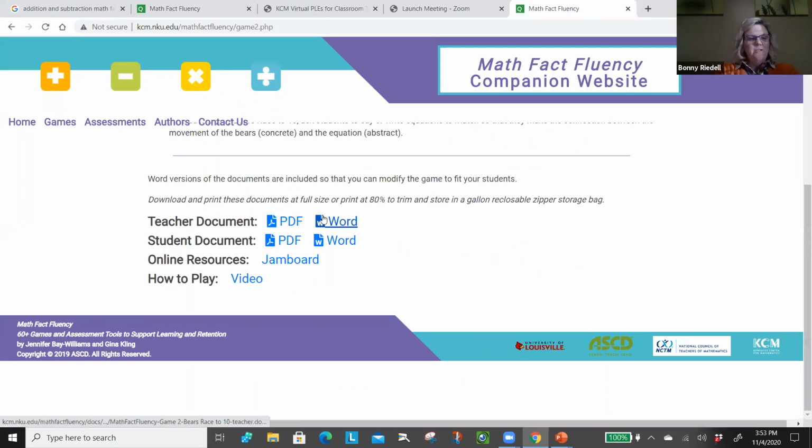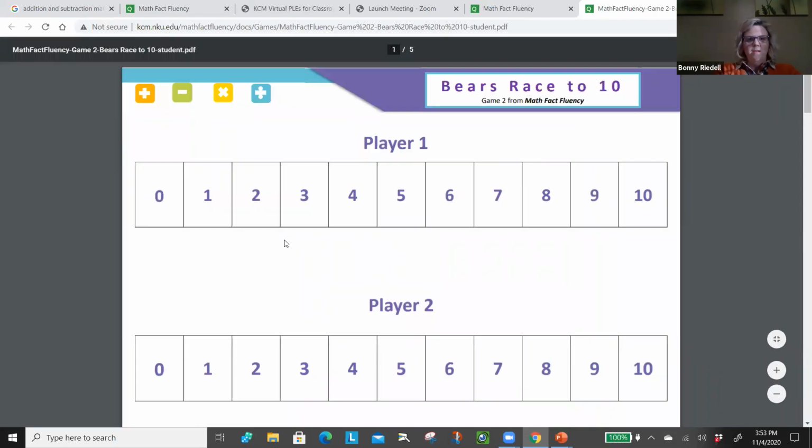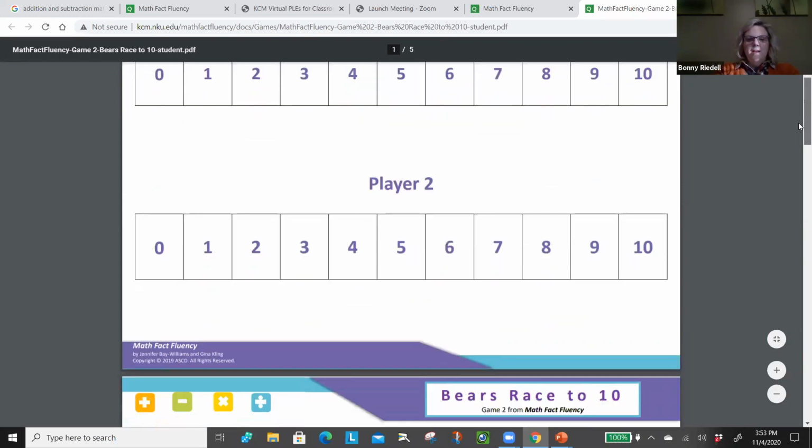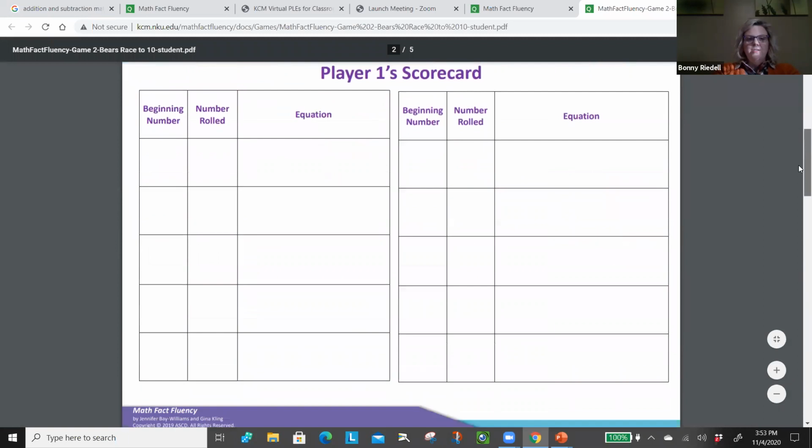Okay, so that was the teacher document. And in coordination with that is the student document. The very first page is going to be the game board for the students. And the students just needed a number line here, basically. So you can see the first number line. And then there's a scorecard.